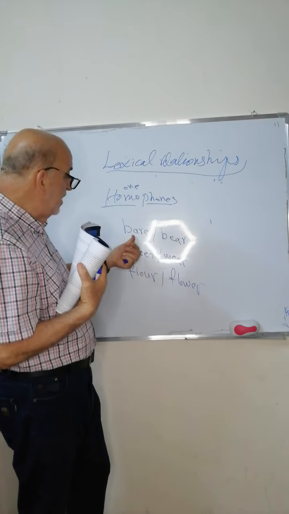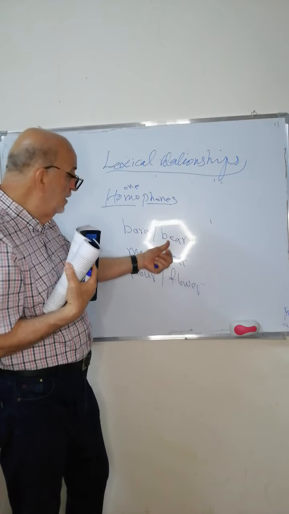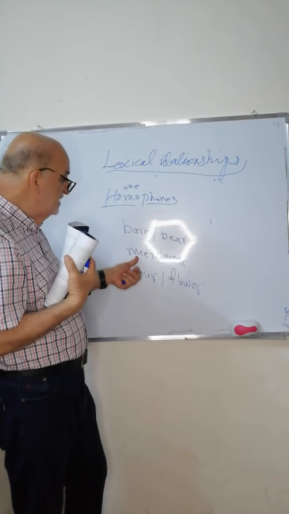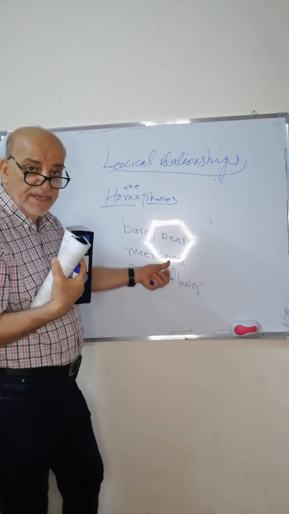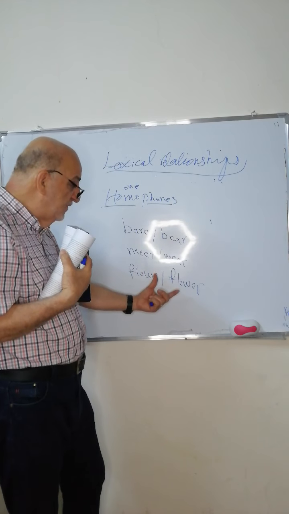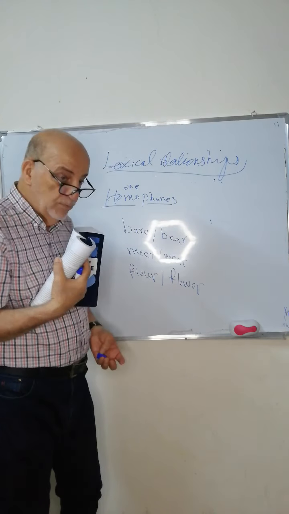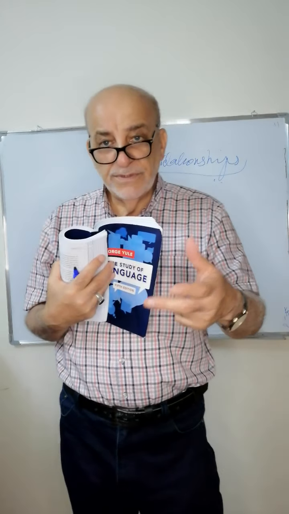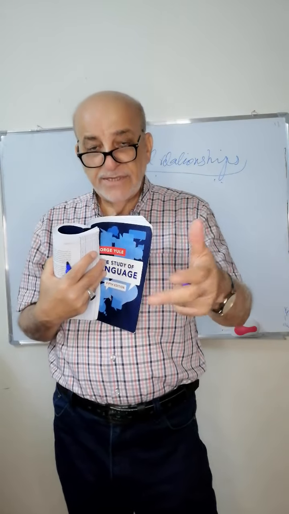They are totally different, though. Bear is an adjective, bear is a noun. Meat is a verb, meat here is a noun. Flour is a noun, flour is a noun. But there is a difference. Flour, as we have just taken it, is the superordinate of the words rose and daffodil.